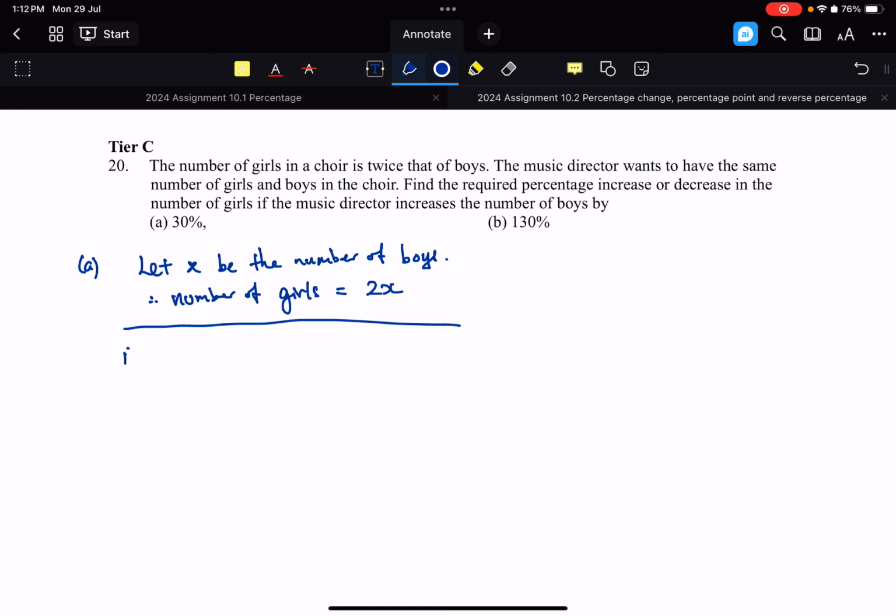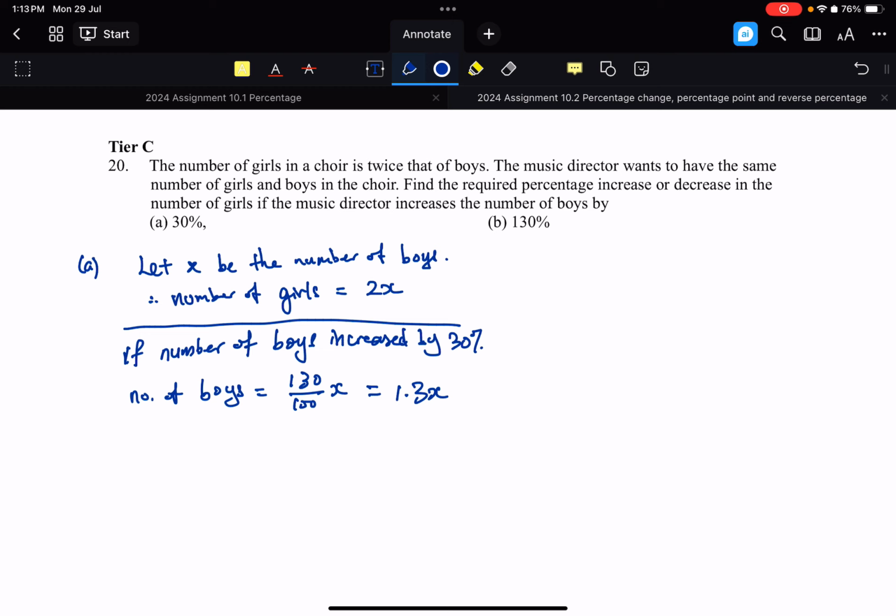If the number of boys increases by 30%, which is part A, then the number of boys will be equal to 130% out of 100x. Of course, we can simplify that to 1.3x.